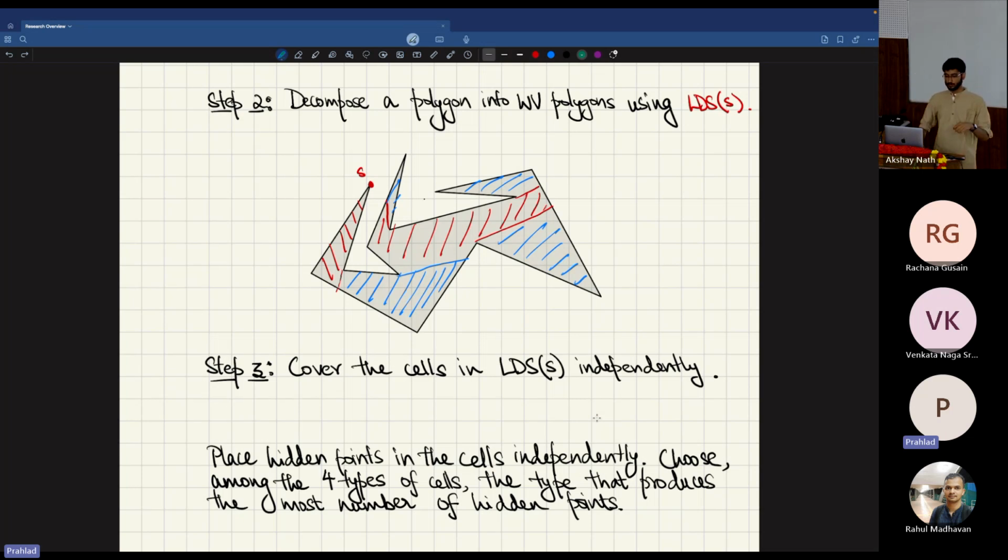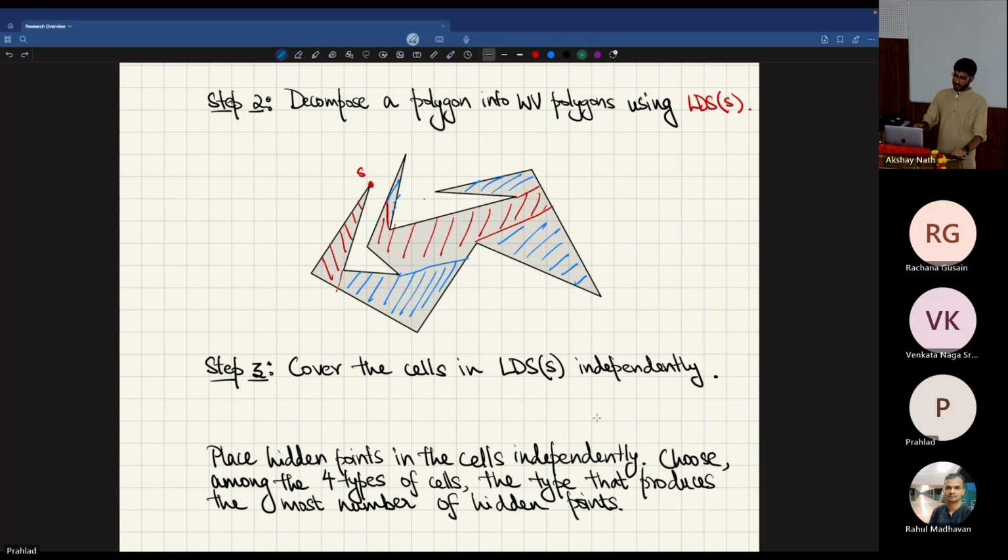If you take 2 polygons of the same type, then no 2 points see each other. So if you place hidden points independently and take the best of the 4 types, then you only lose a factor 4. For hidden points, you lose a factor 4. For convex cover, you lose a factor 3.